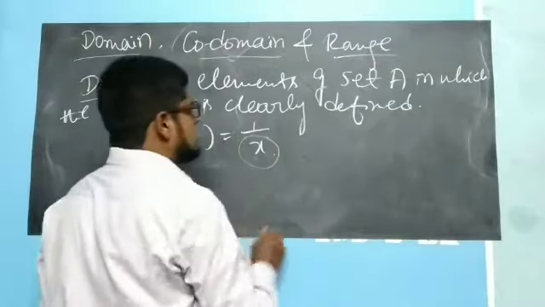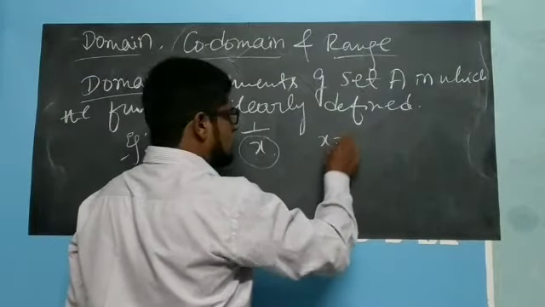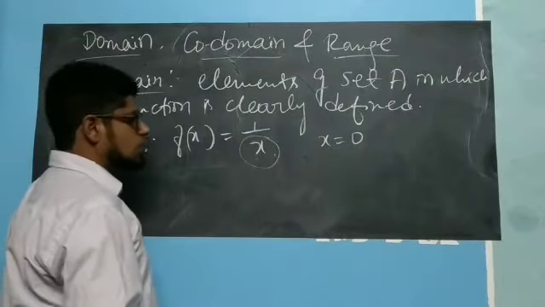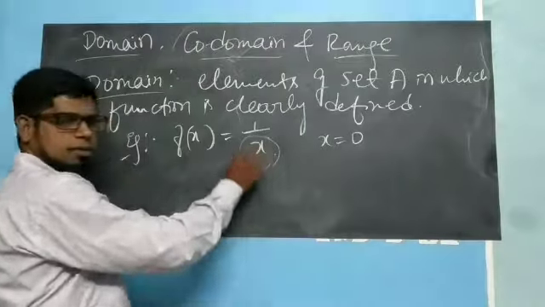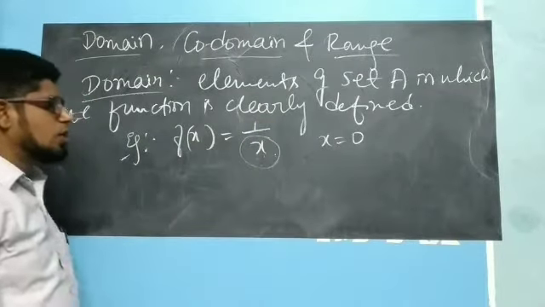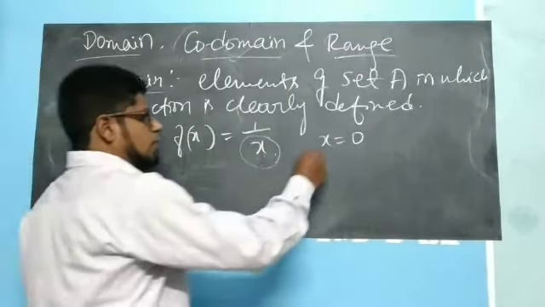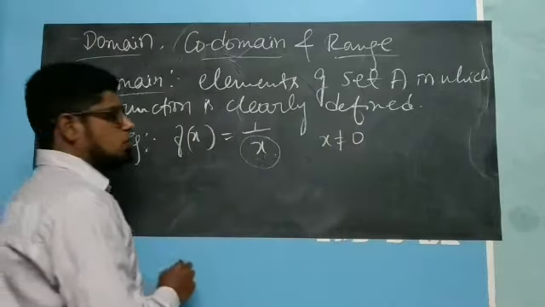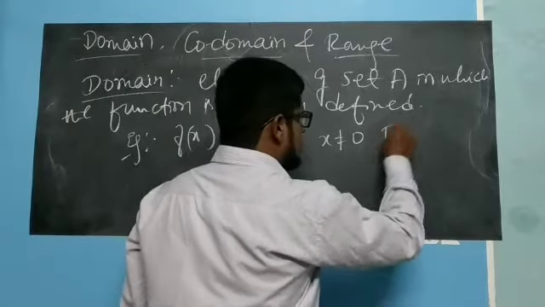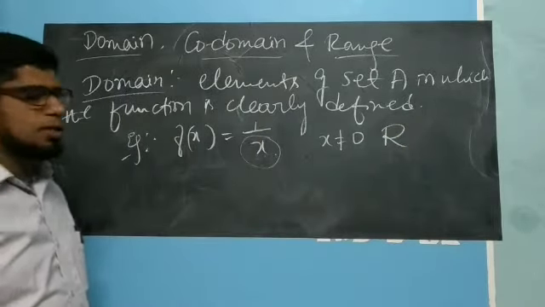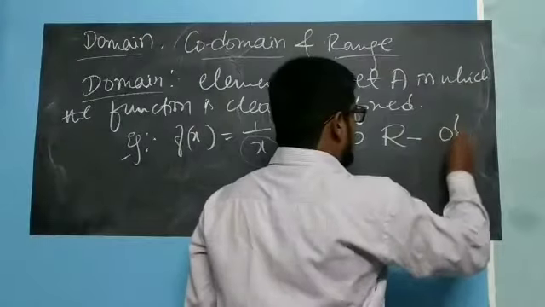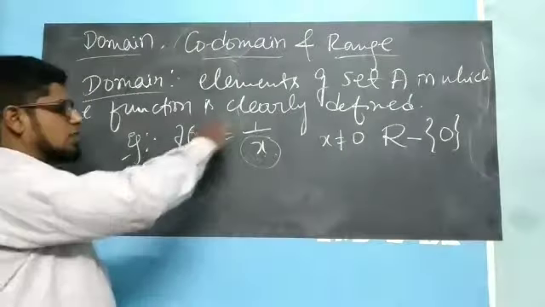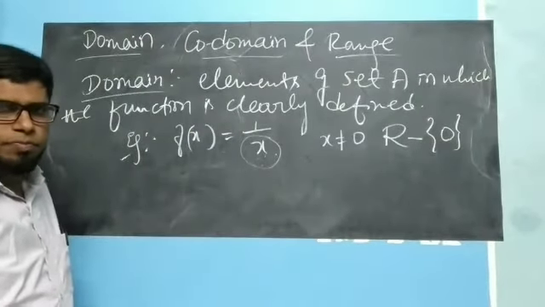So here in this case, if I put x is equal to 0, then it gives not defined, it gives infinity as an answer. So this x is equal to 0 does not come in our domain. So the domain of this function is the set of all real numbers but not 0. This is the domain of this function f of x is equal to 1 by x.